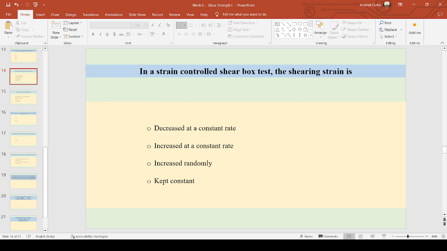I repeat the question again. In a strain controlled shear box test, the shearing strain is decreased at a constant rate, increased at a constant rate, increased randomly, or kept constant.